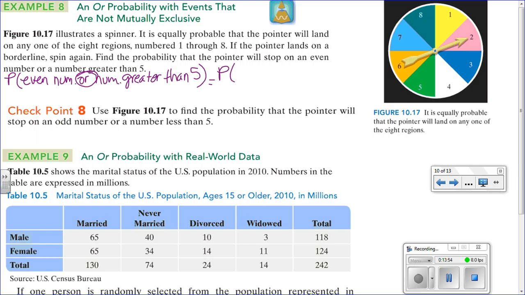So what is the probability of getting an even number plus the probability of getting a number greater than 5? You can tell right away that with the numbers 1 through 8, there are going to be some intersections, meaning there are some numbers that could be both. They could be even and they could be greater than 5. So let's see if we can find those numbers.